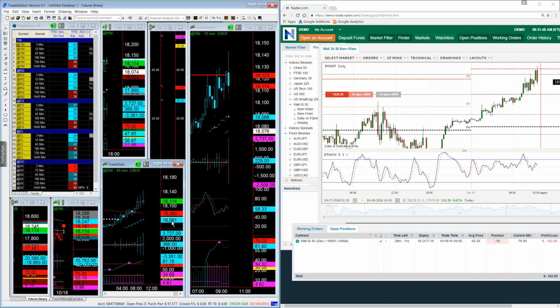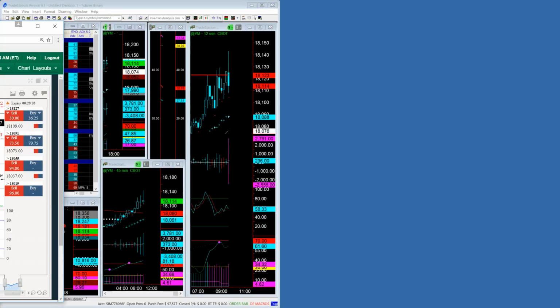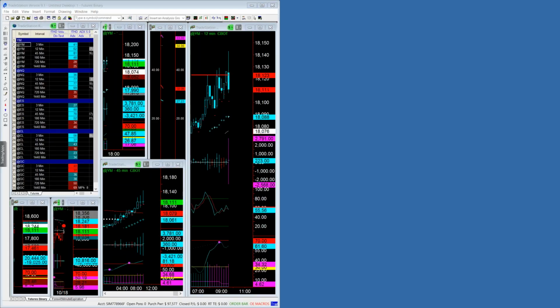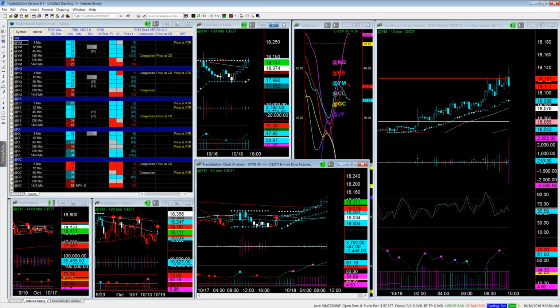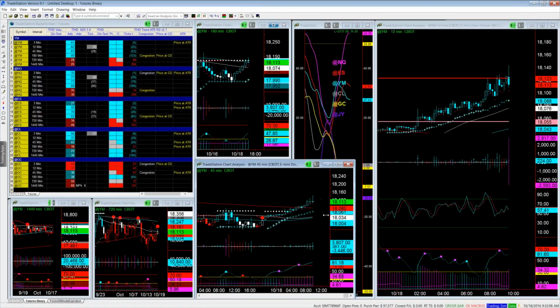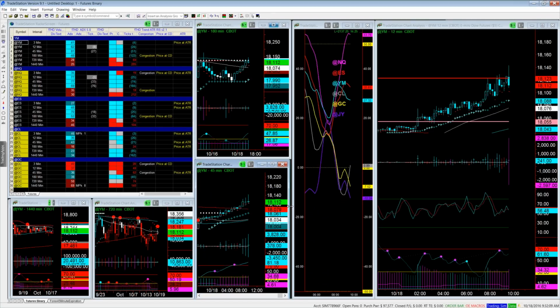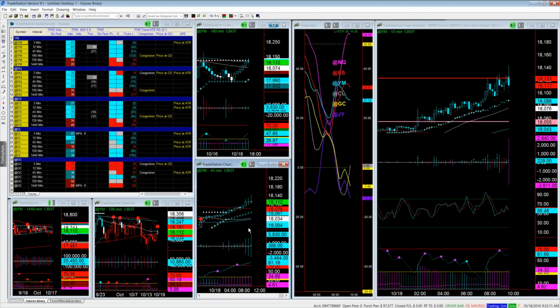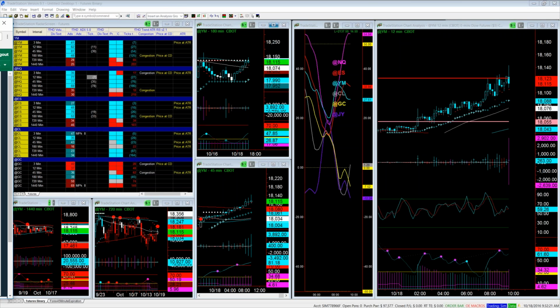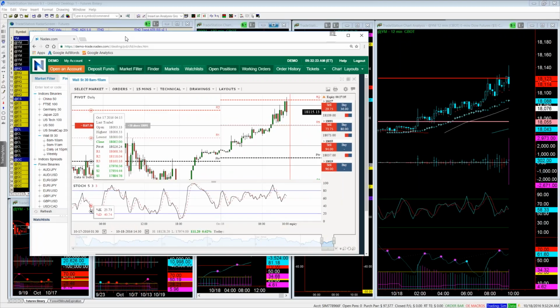Because that would push it down to 18,061. I would really like to see this delta flip to below zero on both the 12 and the 45. But just something you're going to have to wait and see.